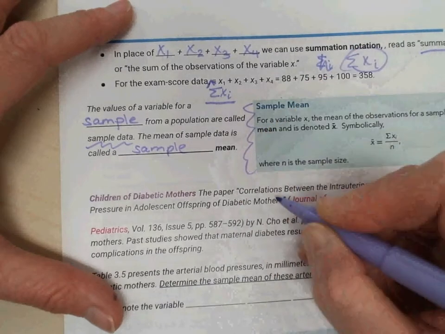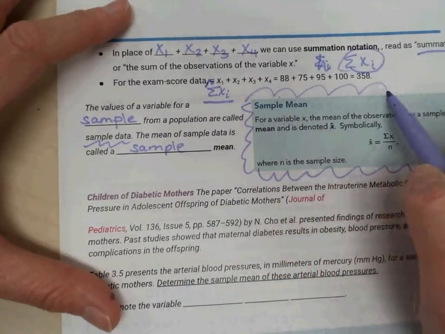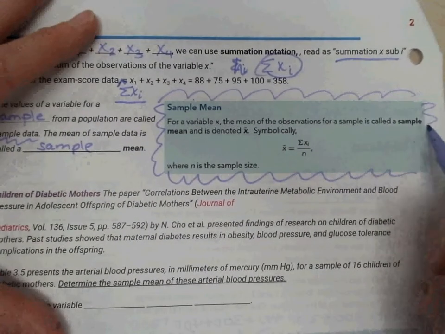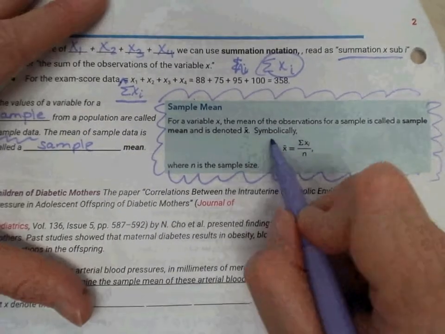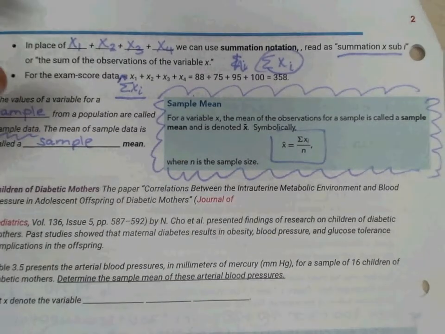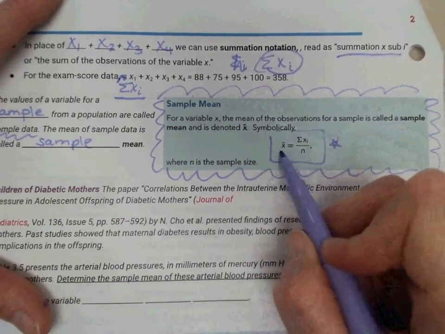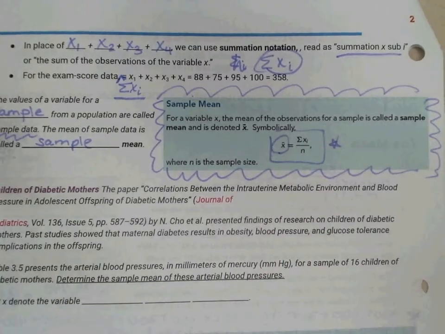You can see outlined here we have the definition for sample mean. So we have converted that basic definition from page 1 into the notation of this key symbol here. You see it a ton over the coming unit.